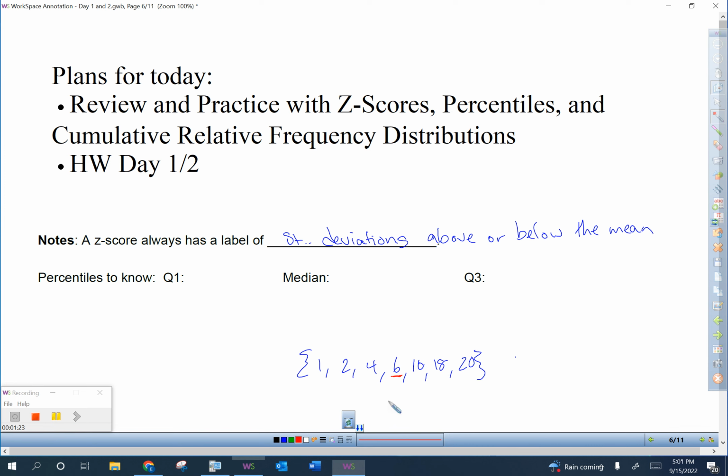Half of 7 is 3.5, so I'll have 3 on each side. So there's my median. Once I find the median, then I remove it to think about the quartiles. So quartile 1 is the median of the lower half, so that would be 2 for us. And quartile 3 is the median of the upper half, that would be this 18 here.